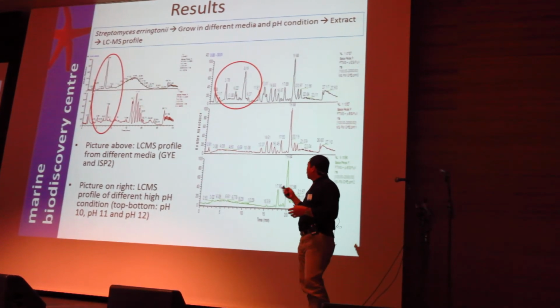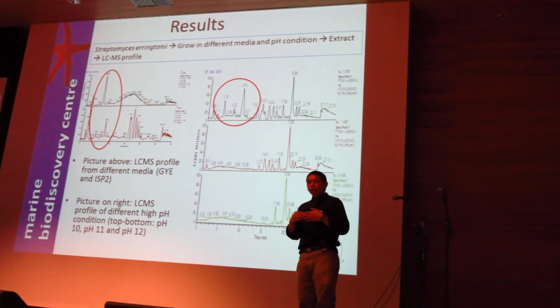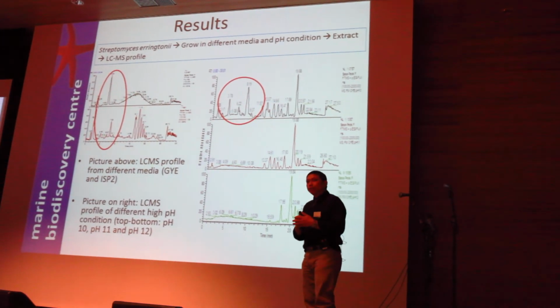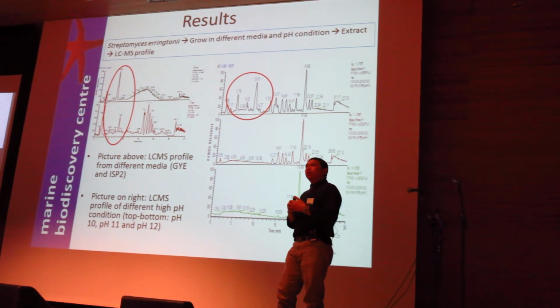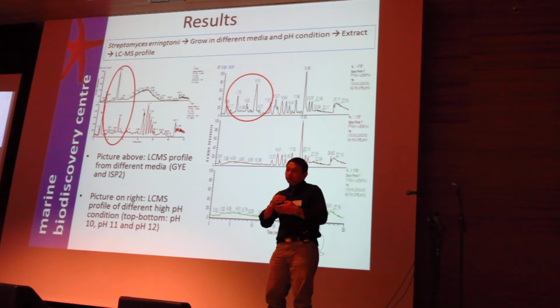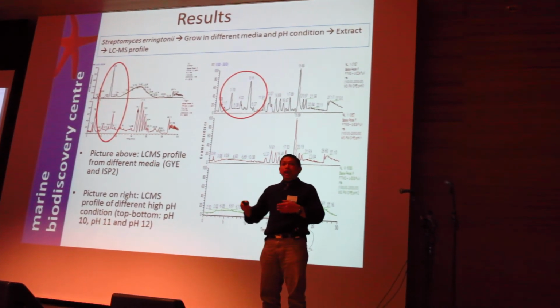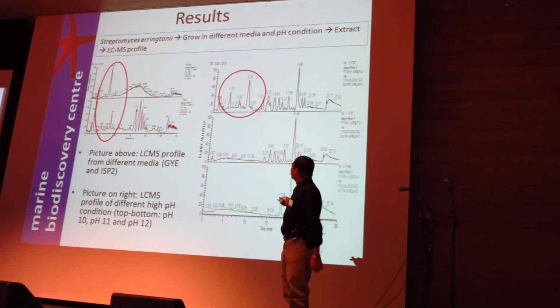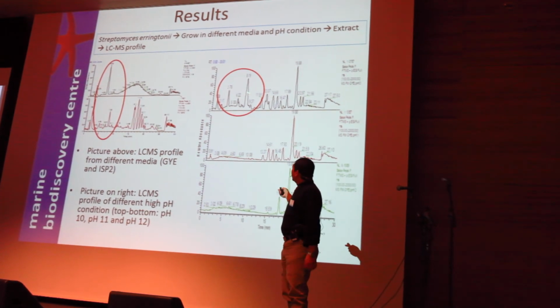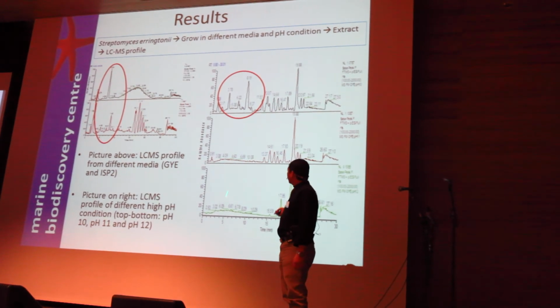Also, I'm using different pH because I try to push a little bit further with the higher pH. So I try to grow them at pH 10 and try to culture again at pH 11 and pH 12. And you can see in the LCMS profile, this peak, we lost the compound.